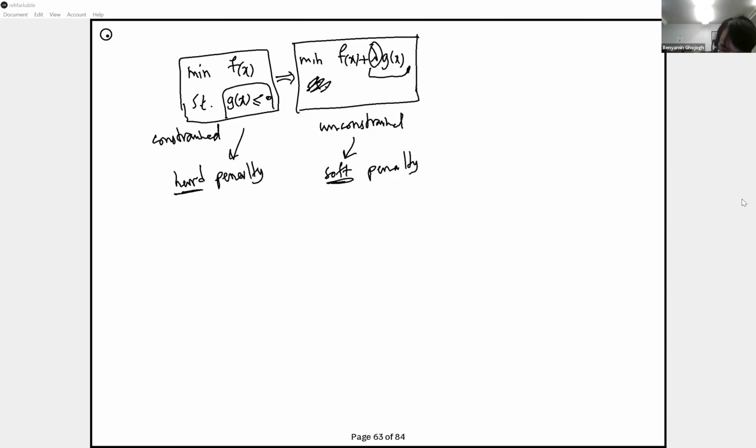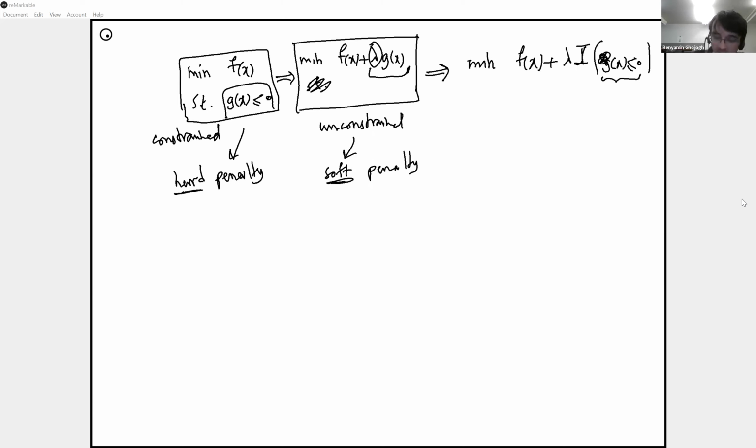However, we can convert this unconstrained problem, which is a soft penalty, to an unconstrained problem with hard penalty. How? We say let the regularization term be a hard penalty, by this: the indicator function of x such that g of x is less than or equal to 0. So this is the set having g of x less than or equal to 0.